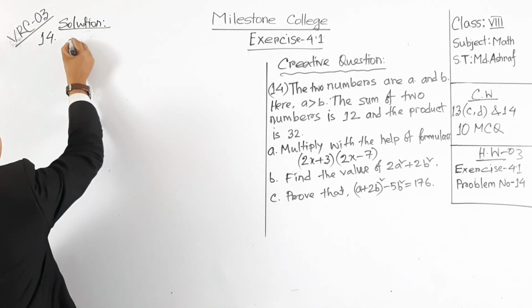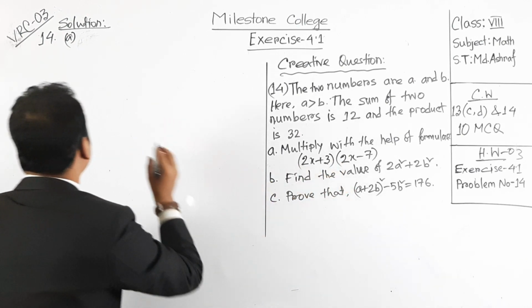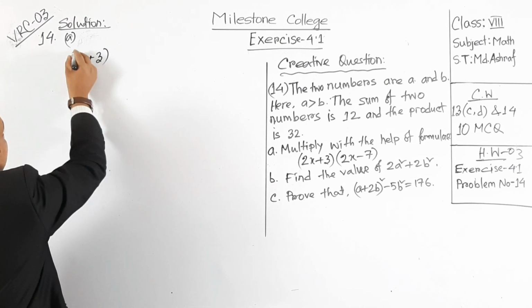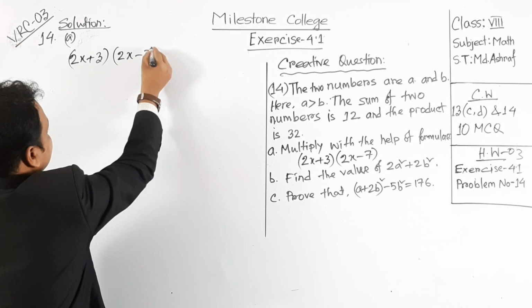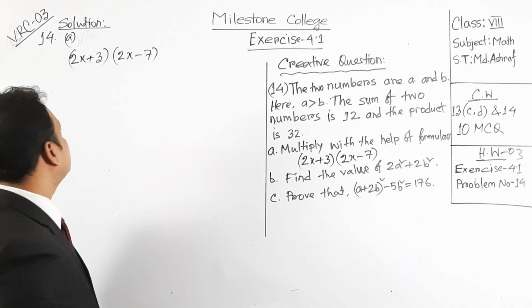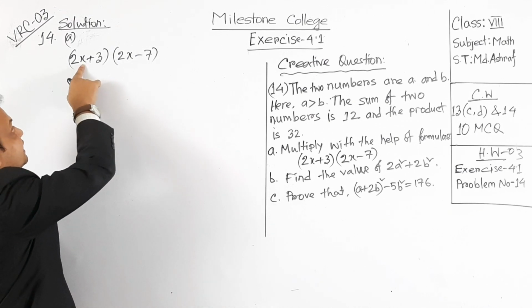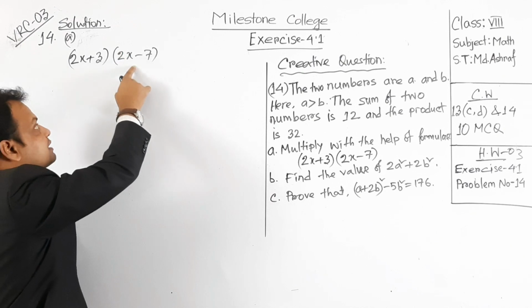14, A number question. Okay, so we have to find the product of these two expressions. So write the expression first. 2x plus 3 into 2x minus 7. So these are the two expressions. So look at here. 2x, consider this one as x. Then this 2x will be x.